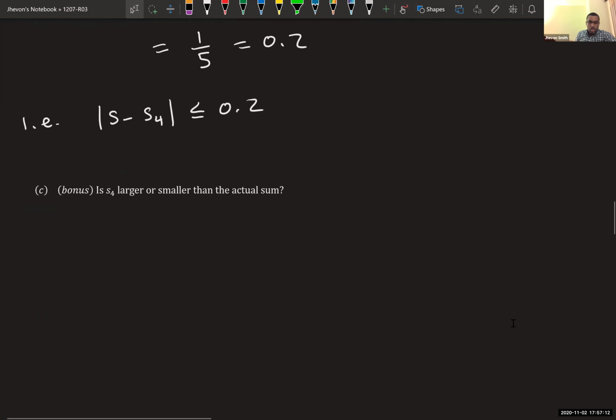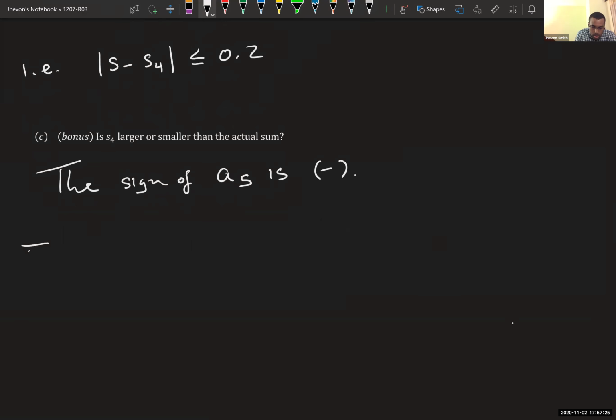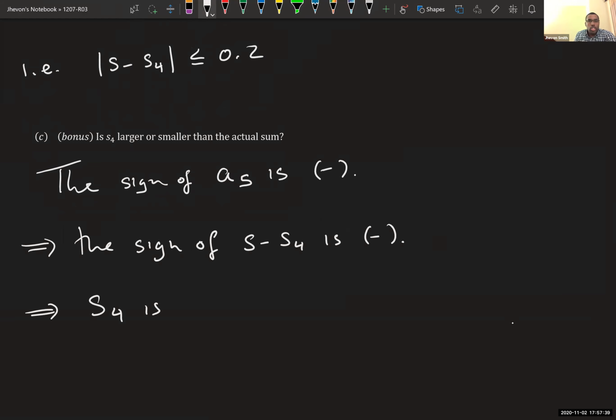The sign of A5 is minus. This means the sign of S minus S4 is minus. So this means S4 is larger or smaller than the actual sum?